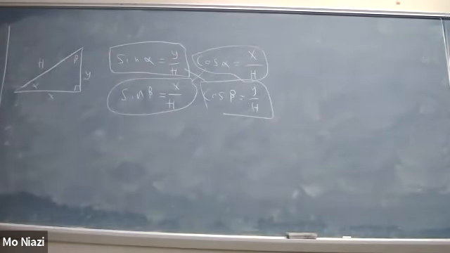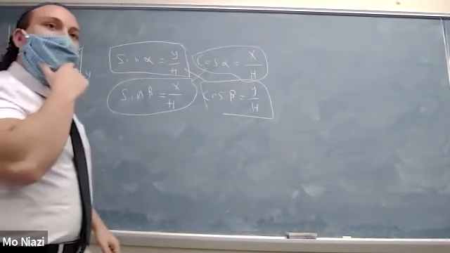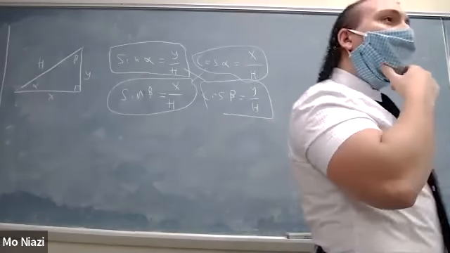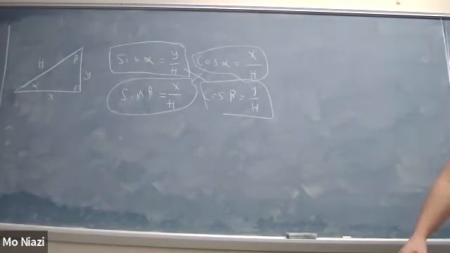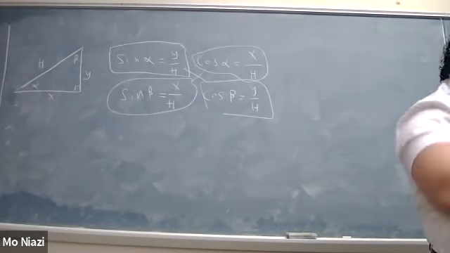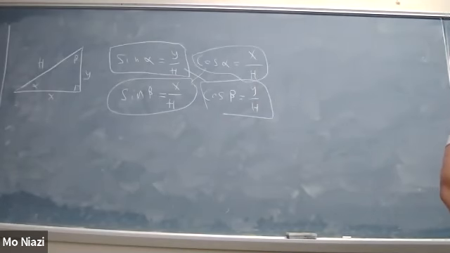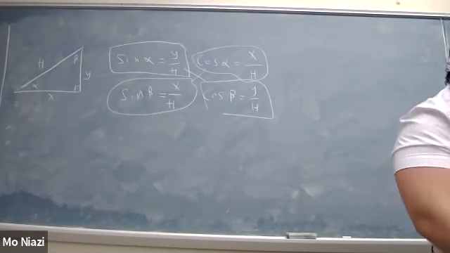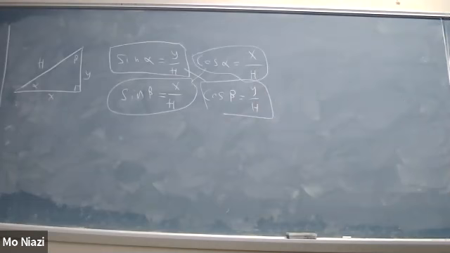Y'all notice something there? What do you notice? What's going on there? More on that in a little bit. What about tangent of alpha?